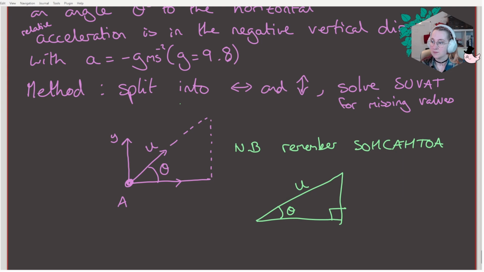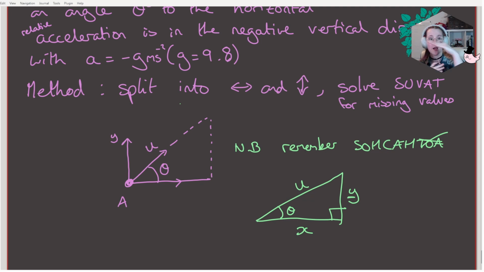So we've got a hypotenuse. And sine is opposite over hypotenuse. So this is our y, and then this is our x. These are our velocities in the horizontal and vertical directions, okay?